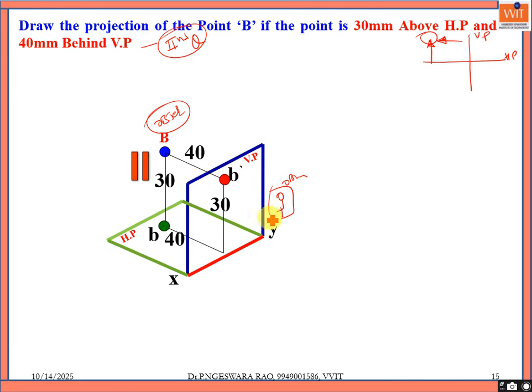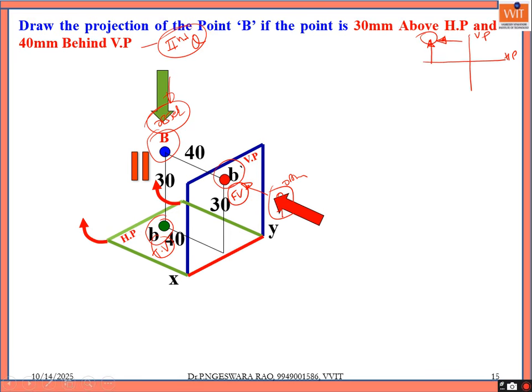As these are transparent planes, when you look in the front view, you will get the image of this object on this plane. So this is the front view image. Similarly, when you look from the top, you will get the image on the horizontal plane. That is the top view, whereas this is the front view.